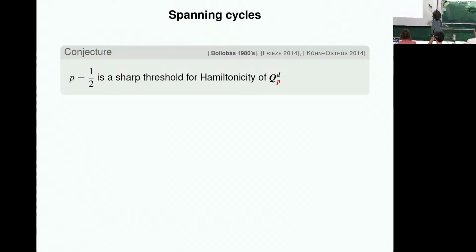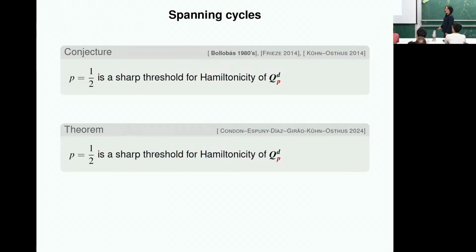Once upon a time, many people conjectured and reconjectured and reconjectured that indeed 1/2 is also a threshold for Hamiltonicity. To guarantee Hamiltonicity in G(n,p), we need also log n over n, but because of some intuition, people conjectured, and we can really claim this long-standing conjecture, and this has been proved very recently by people in Birmingham.